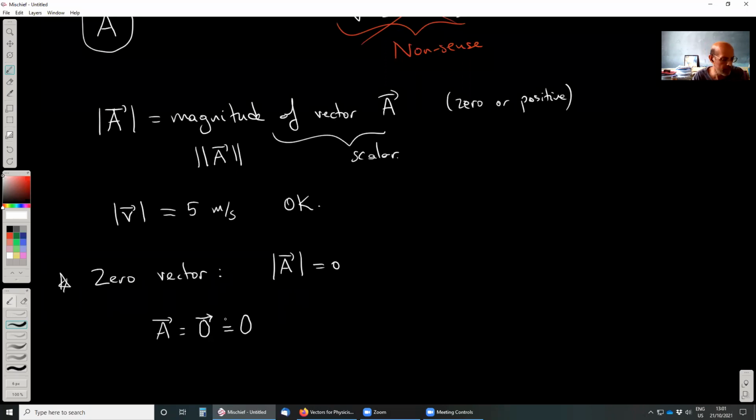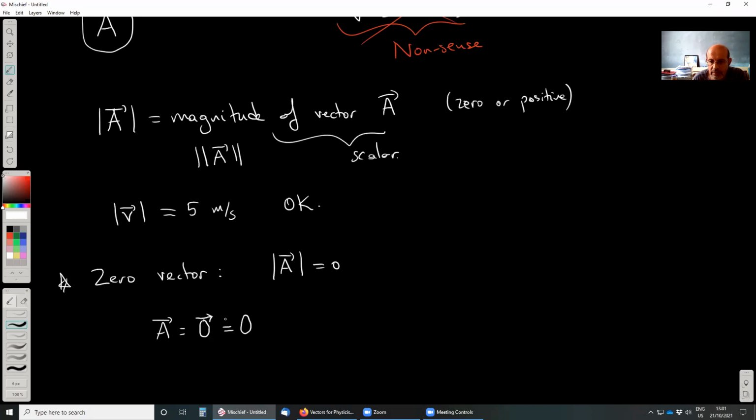May I ask something? Yes. What application does the zero vector have? No, it's just a vector, one of the possible vectors. In equations, of course, we can have zero vectors appearing somewhere. It is possible that the sum of two vectors is equal to 0, for example. In that case, no specific applications.